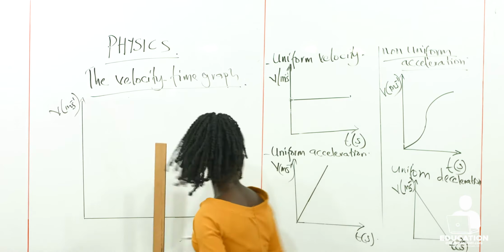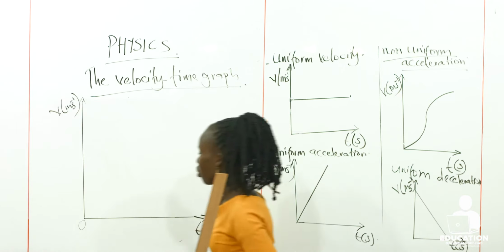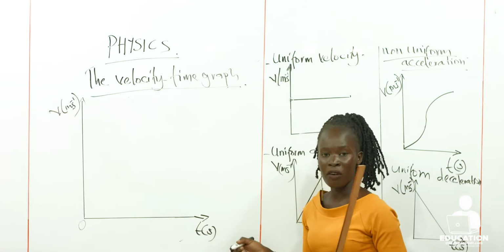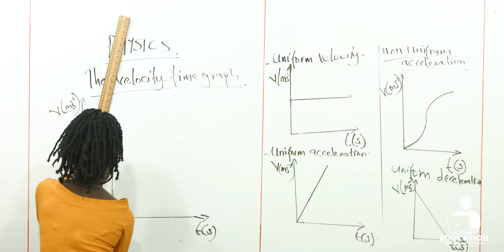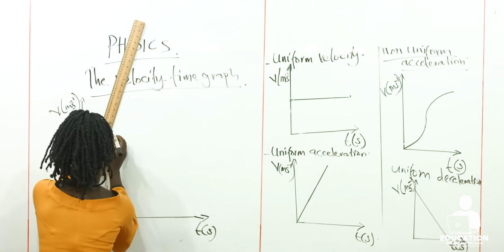But for this case, we are going to assume that our body is at point O, which is at rest. So we are giving it a uniform acceleration. We pick that. Since we say it will be moving like this, with a straight line there.